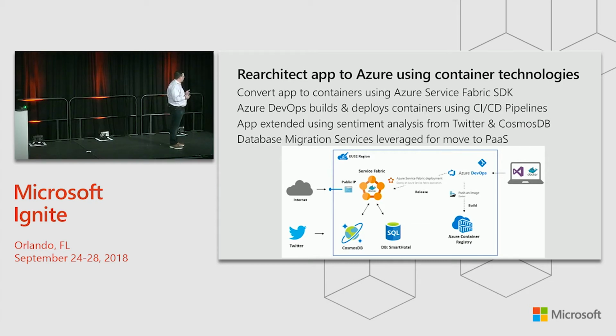We've got the DevOps build and CD pipeline, and then of course we wrote another package, some more code, where we're doing sentiment analysis and leveraging Cosmos DB to store those tweets that we're pulling in. So if someone says, "Oh, your hotel is horrible," or something like that, we can send notifications to management or to guest relations.